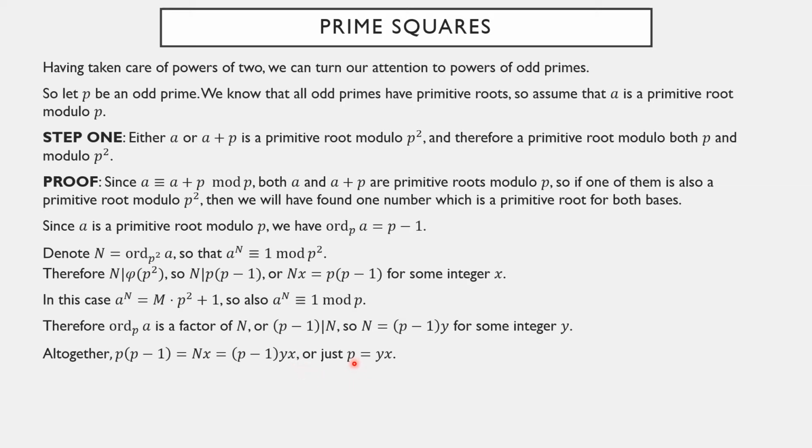This prime number p is now expressed as a product yx. But p was a prime number. How can I possibly express a prime number as a product of two positive integers? One of them has to be 1 and the other is p. So either x is 1 and y is p, or x is p and y is 1. Since p is expressed as this factorization of x times y, that's the only factorization possible for a prime number.